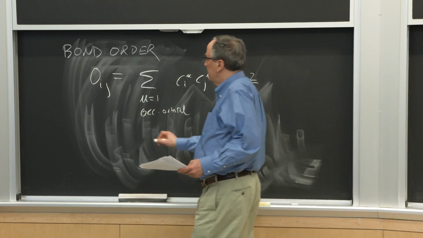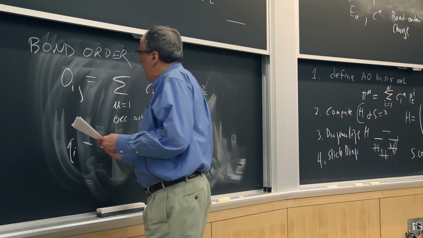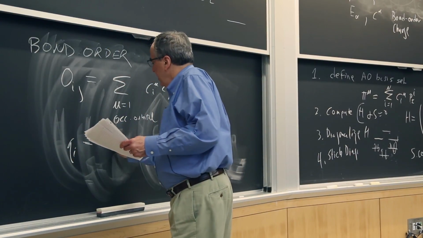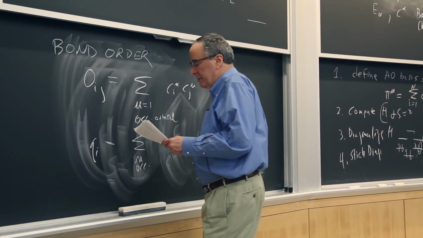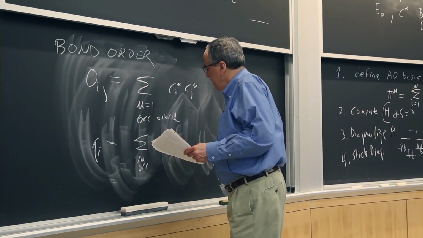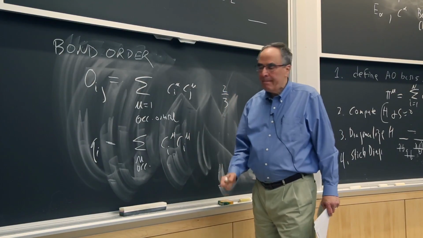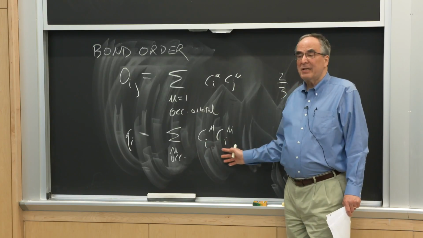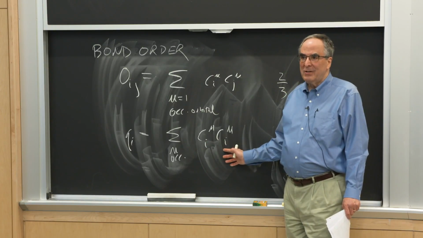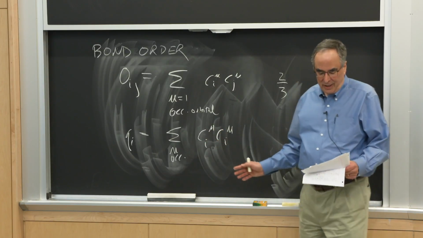Now, you could also calculate the charge on atom I, and that is, again, a sum over mu for the occupied orbitals, of Ci mu Ci mu. And so for benzene, you would expect this to come out to be 0, and it does. So there is no charge.